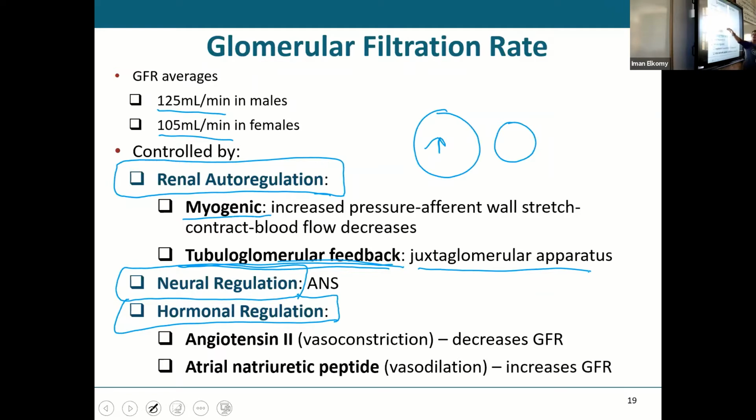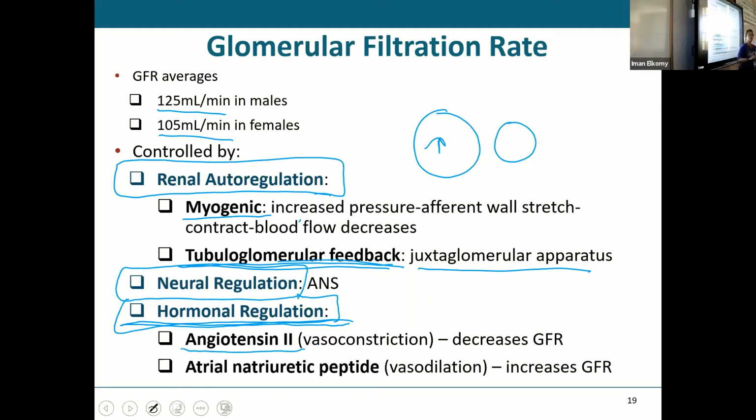So I have two ways to autoregulate within the kidney. One of them is going to make the diameter of this arteriole smaller. The other one is going to help reduce the pressure. Okay. Our hormonal regulation, and we're going to talk about hormones probably at the end of the week. We'll get to the specifics of these hormones, but we're only going to talk about two real quick right now.